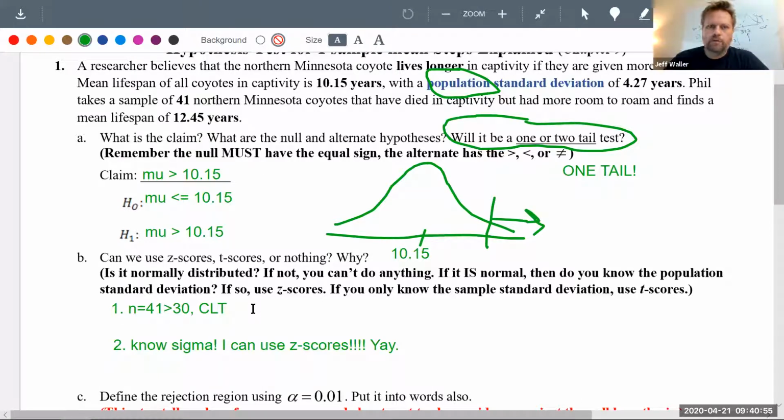No. Right? So somebody claims that the average age at Grossmont is more than 27, and we took a sample and our average is 24. We don't have to do anything.